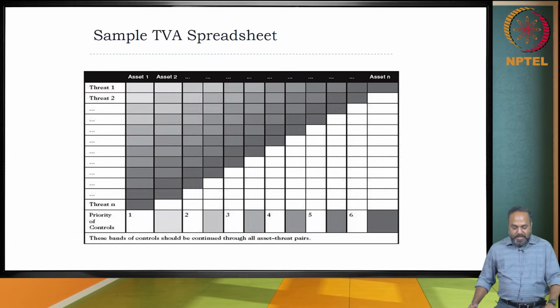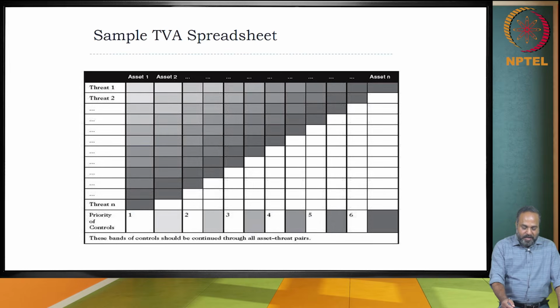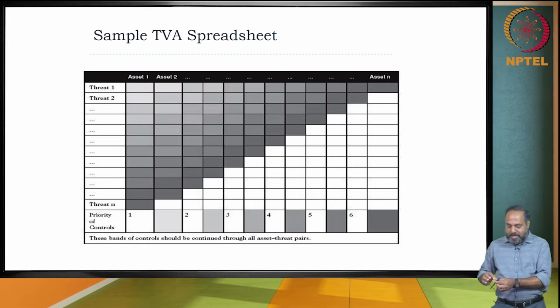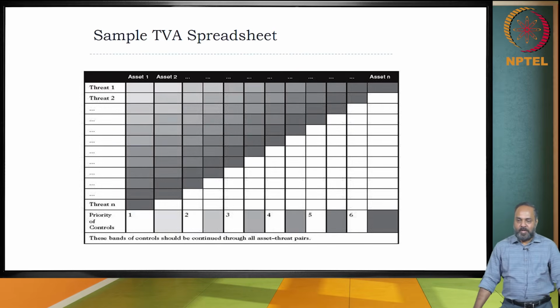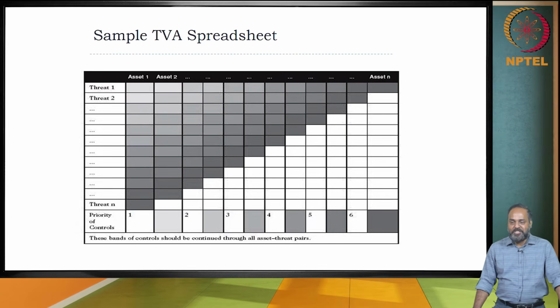Okay. So, as we said, the DMZ router, that is one asset. So, you can see that the assessment of the vulnerability is done for each threat. Okay. So, the first column would list the different vulnerabilities for asset 1 with respect to different threats. Okay. So, the TVA spreadsheet is a tool or an instrument used to assess vulnerabilities in a detailed way for all threats and all assets.